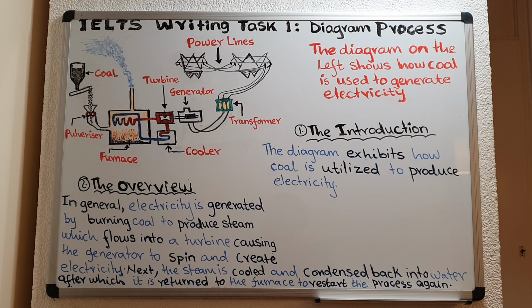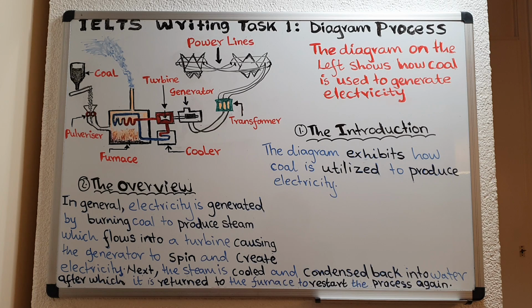Now, as I said earlier on, once you have looked at the diagram, you need to identify where the process starts and where it ends. Once you do that, you number all the steps of the process. And then in the overview, you simply transfer the steps that you have identified to the overview.